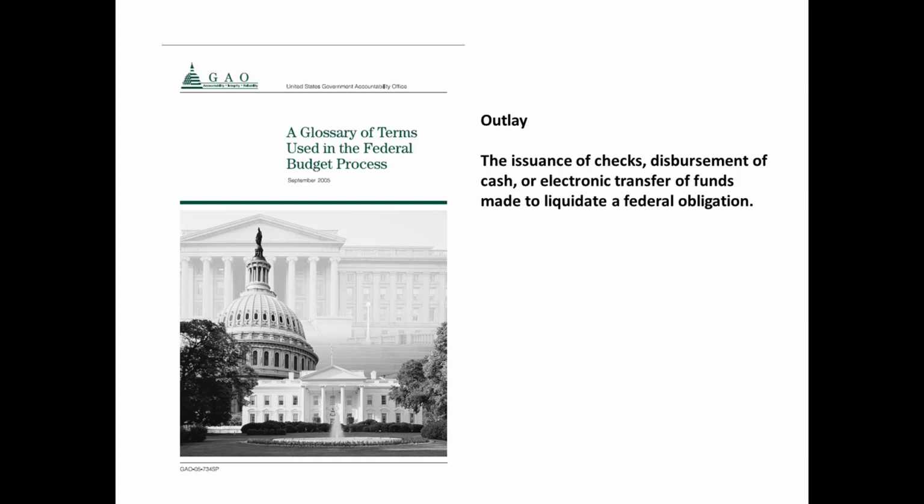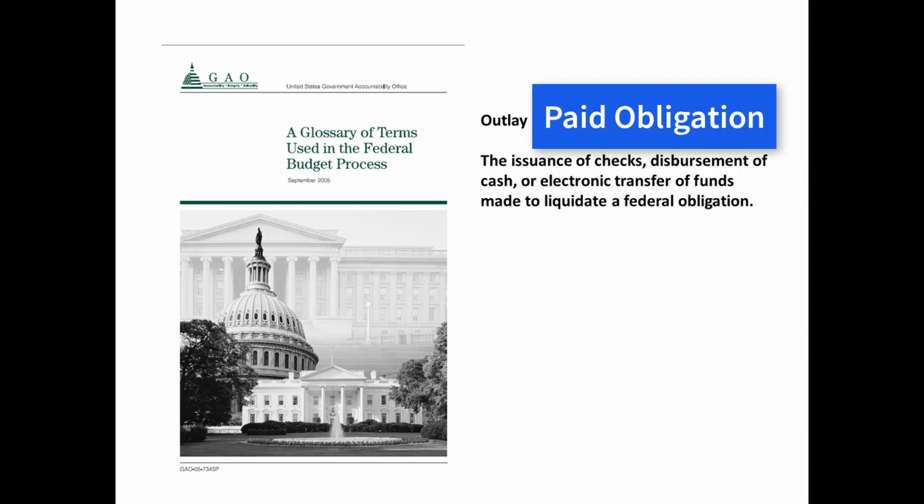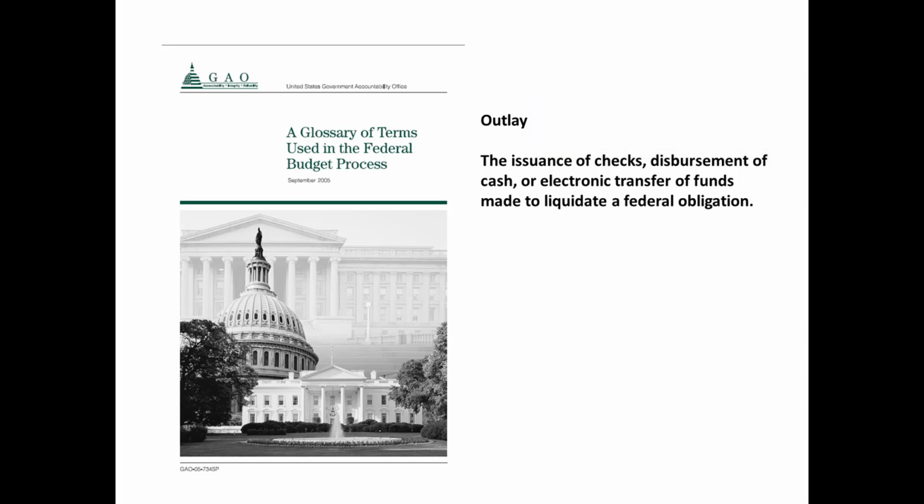So, an outlay is basically a paid obligation. Because these distinctions are very important when recording obligations in the accounting system, let's take a few minutes and explore them in a bit more detail.